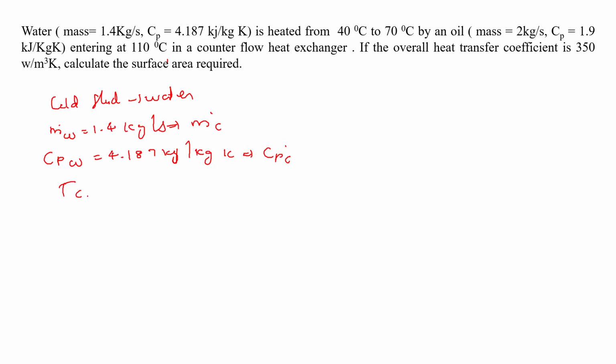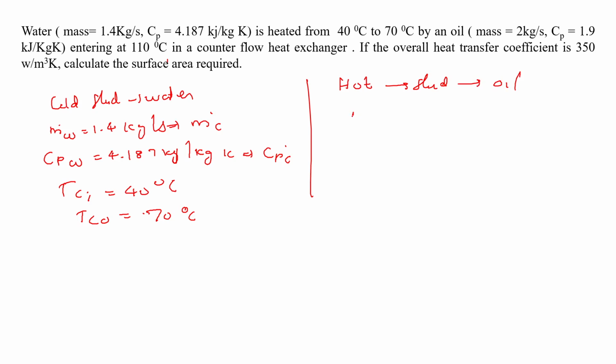And TCI is equal to 40 degrees Celsius, TCO is equal to 70 degrees Celsius. Now hot fluid, the oil. Okay, so it will be M H dot is equal to some kilogram per second.